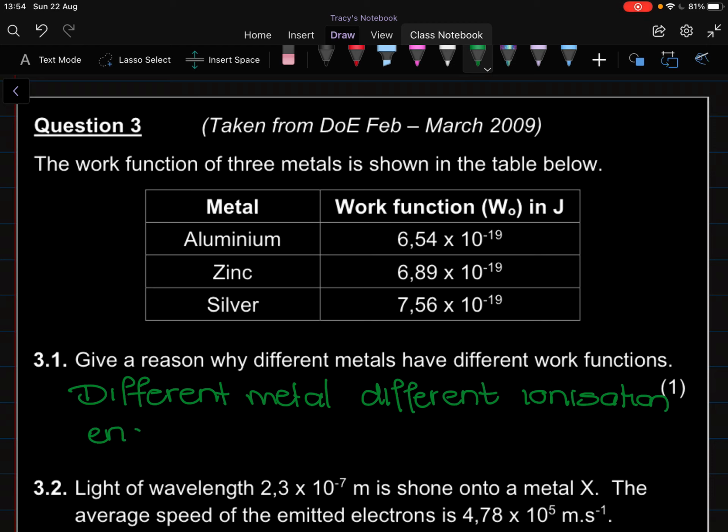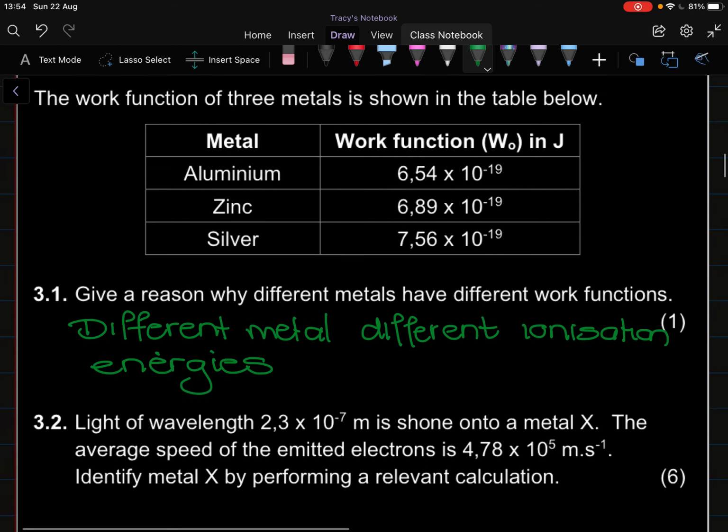That's what it's about. So it's just because of their structure.